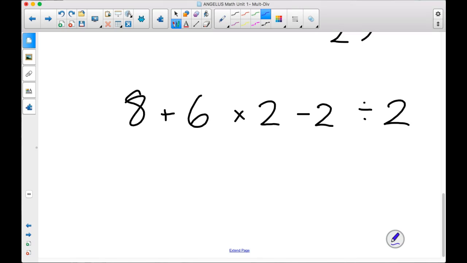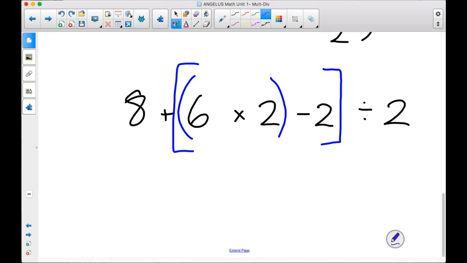I'm going to do a paren here. Okay. Right? And then I'm going to put a bracket here and here. But now, let me see where I'm going to put the brace. I got to think about this.